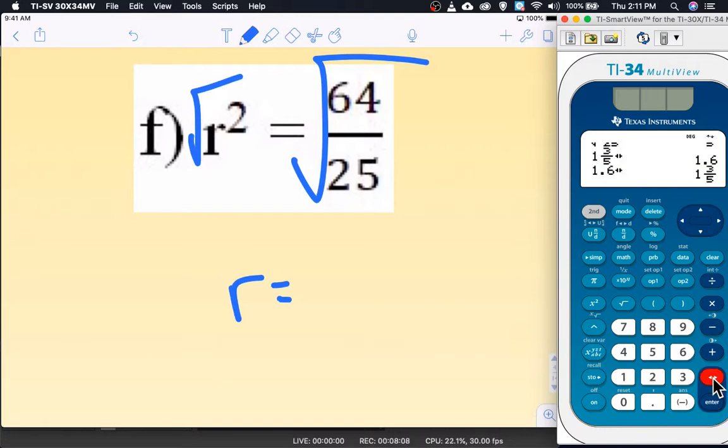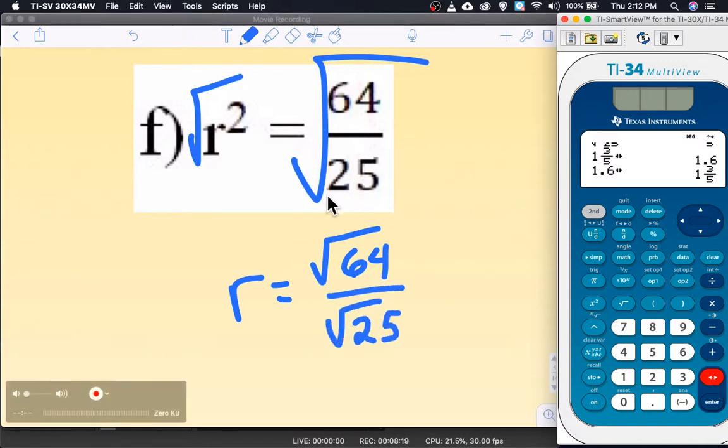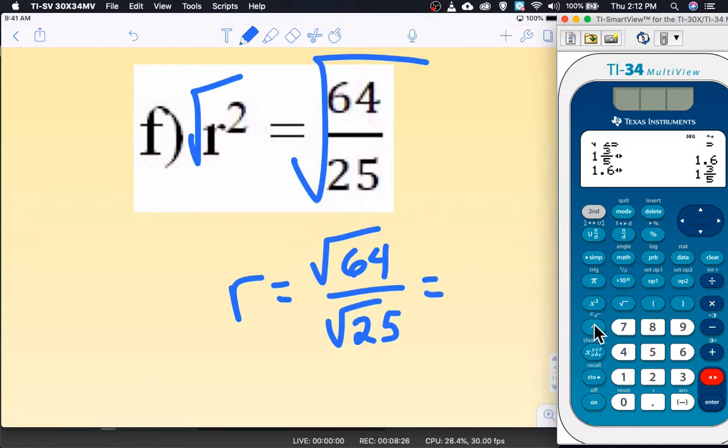Decimal, fraction, whatever. But what the calculator is really doing is breaking down this big square root into just the square root of the top and the square root of the bottom, which is 8 and 5.